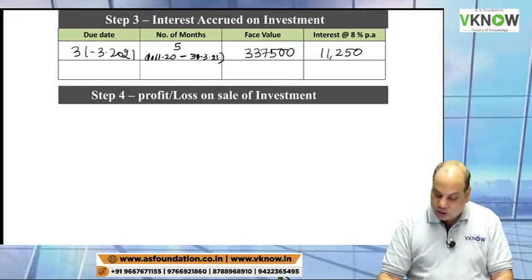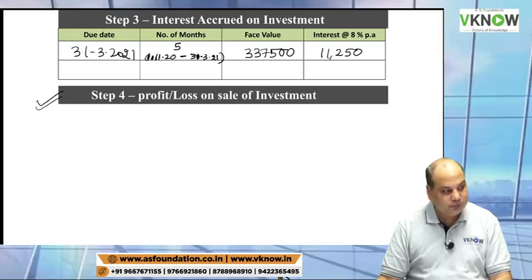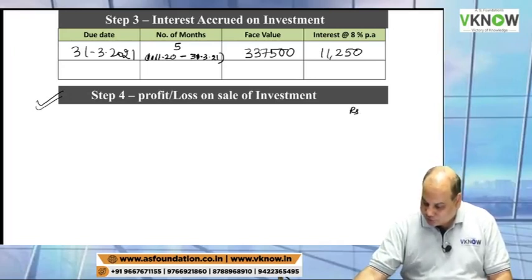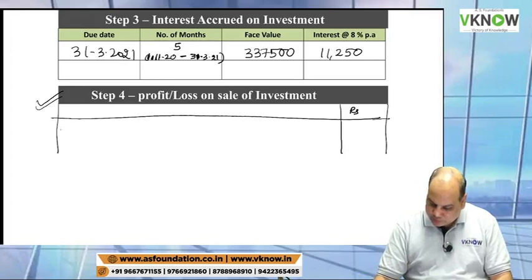Okay. Now write down step number 4. Profit or loss on sale of investment. Right hand side rupees.